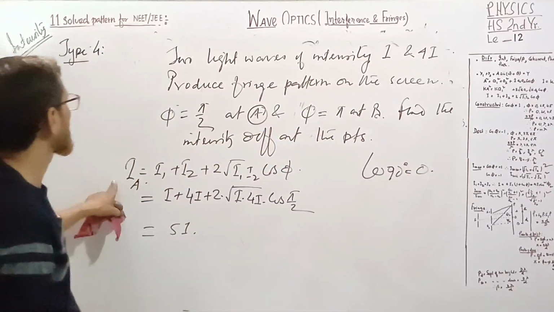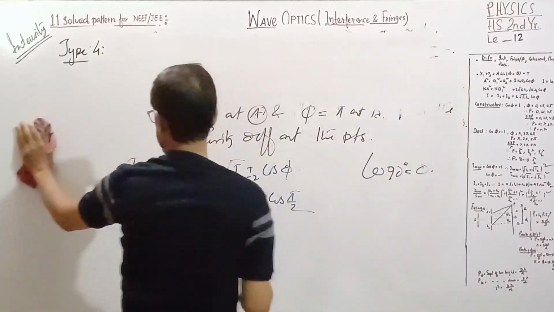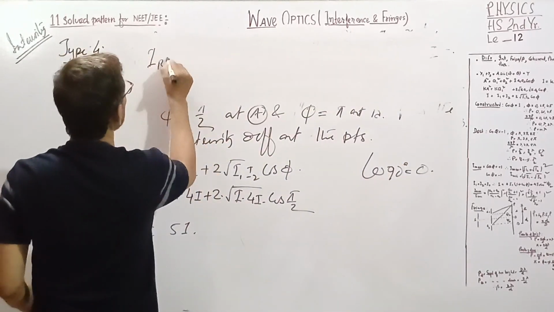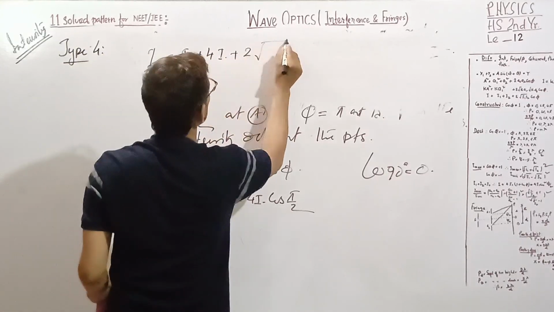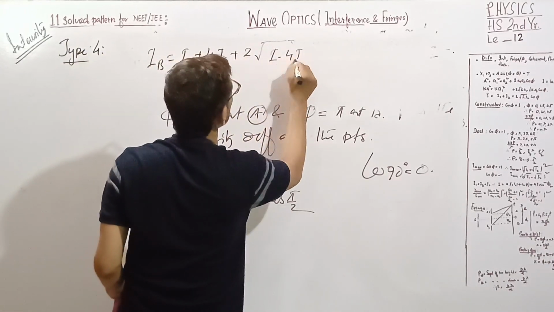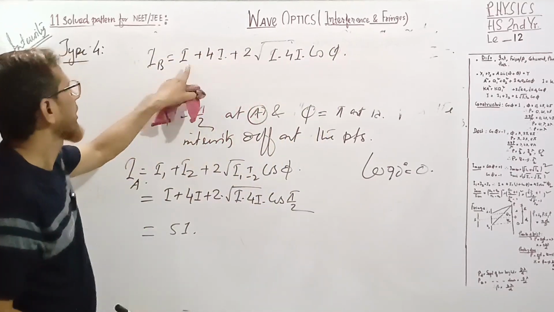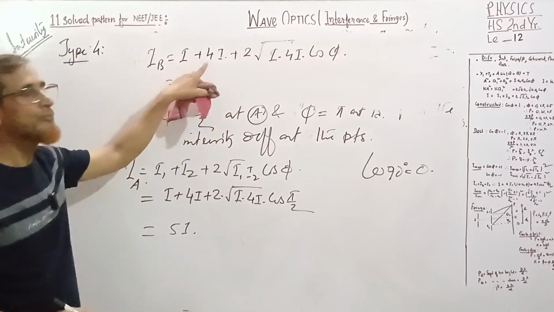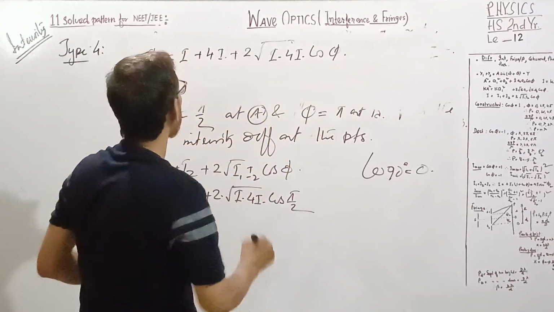Am I right? So now I of B: in this case the two intensities are I and 4I, and here phi is equal to pi.